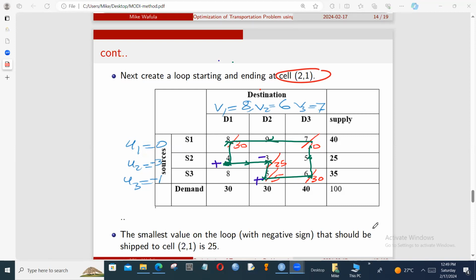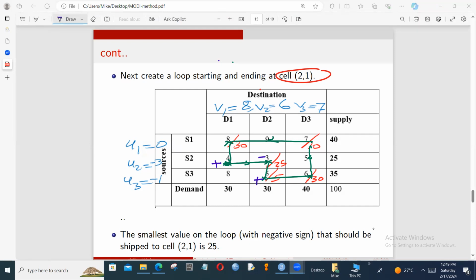Thank you. So we had drawn the loop and we were just assigning the corners of the loop with alternating plus and minus signs before the internet messed us up. We are saying the starting cell must be positive.